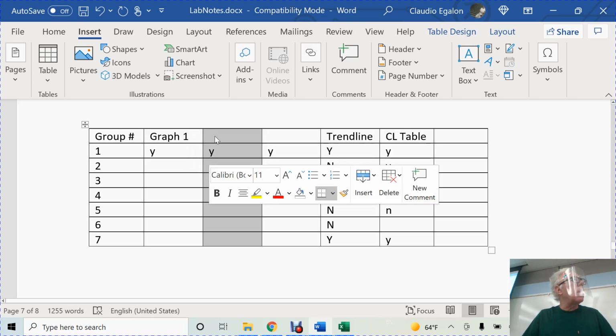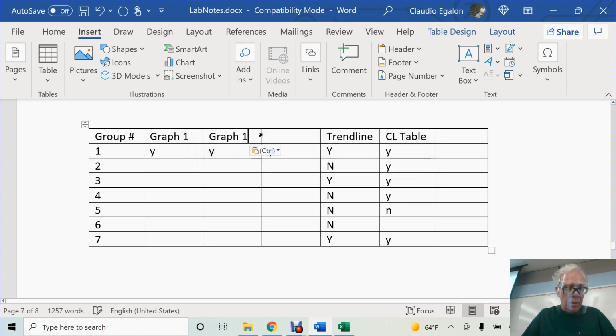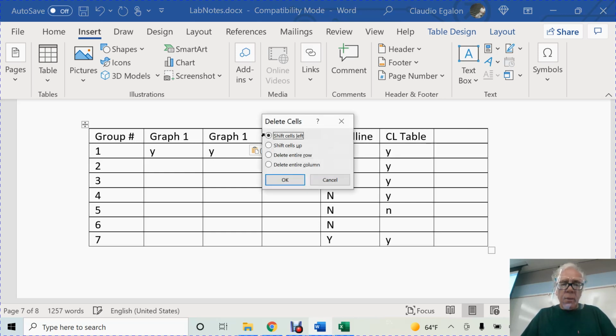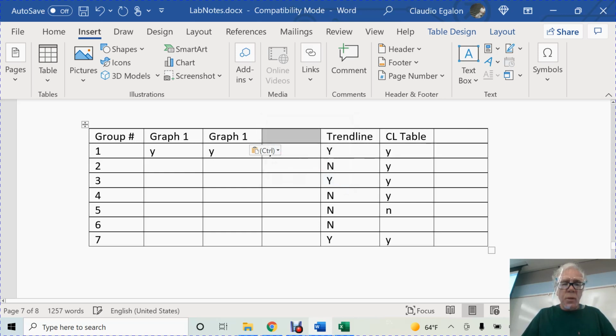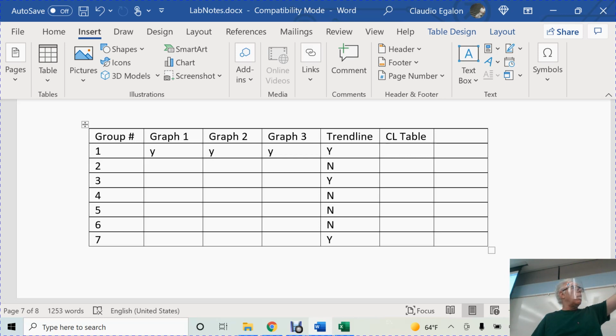You did all the trend lines as well? Okay. And then we have to do the confidence level table that you still do not know, okay? For the trend line, it was the equation and the R squared. You did that? Okay.